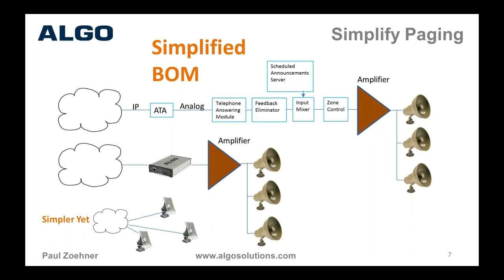It was less expensive and had more capability. And at the bottom, of course, had they gone pure IP, it would have been simpler yet. And in this particular case, this customer actually did decide to use IP ceiling speakers as part of their solution. So I just wanted to show how IP enabling an existing amplifier can actually simplify things at the front end.